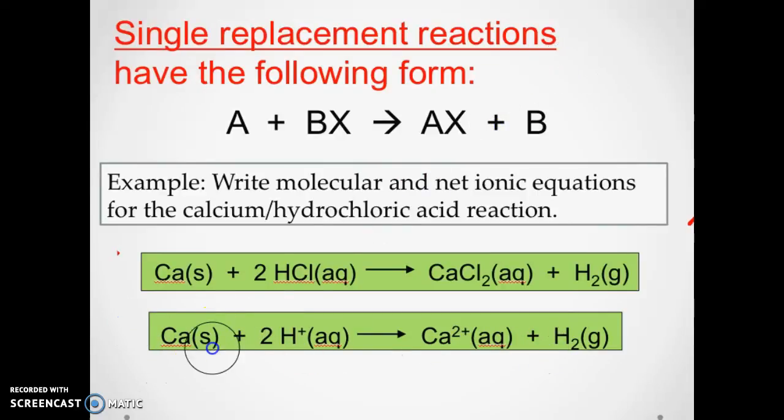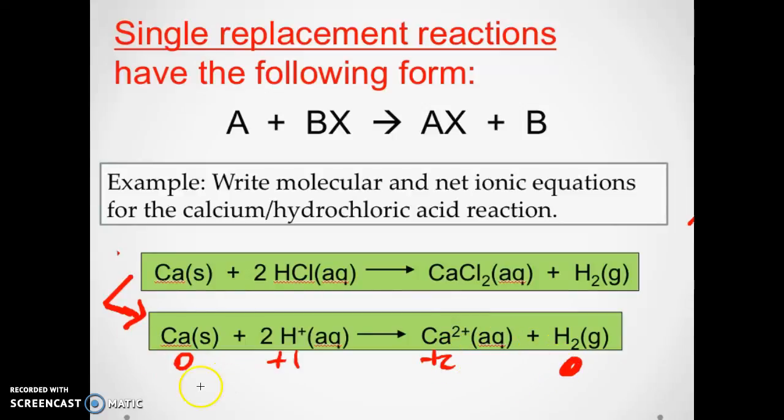So if we look here, I'm going to do it again. Every time you do something like this, you turn it into its net ionic form, and then figure out the oxidation numbers. So this is 0, elemental form, this is +1 because of this charge, this is +2 because of the charge, and this would be 0 because it's in its elemental form.